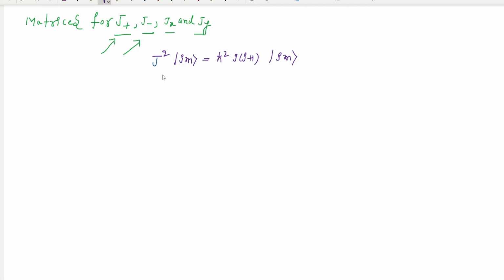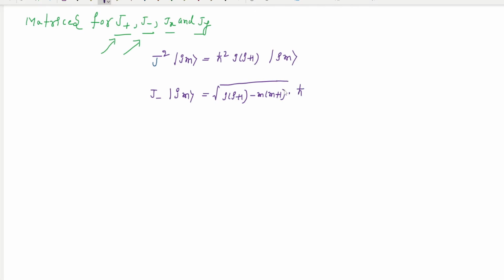Like that, if you apply J plus on the state psi m, you get this eigenvalue, just remember this: the root of J into J plus 1 minus m into m plus 1, into H cross. This H cross is outside the root.